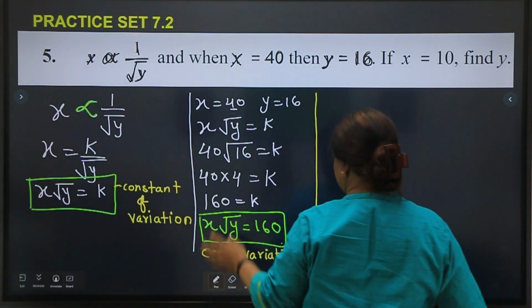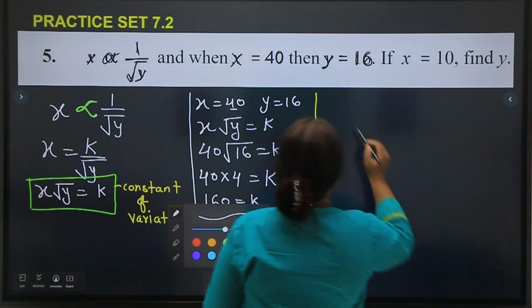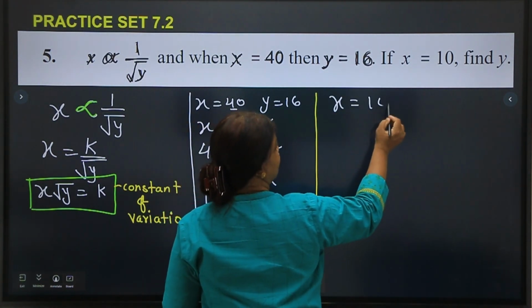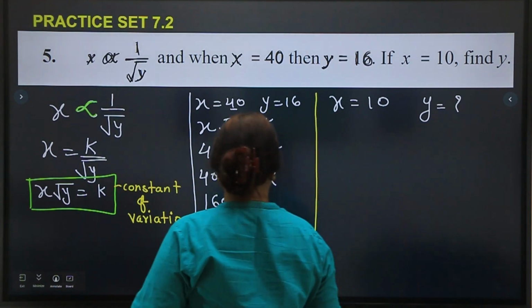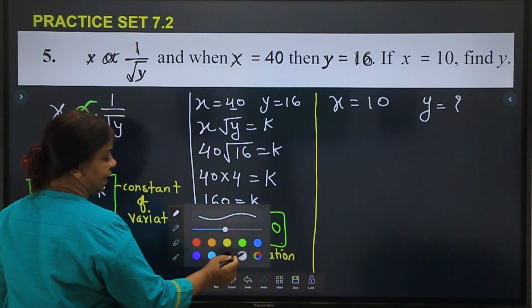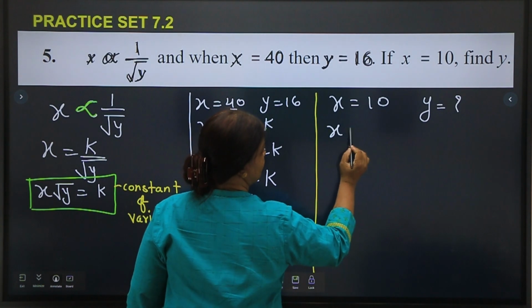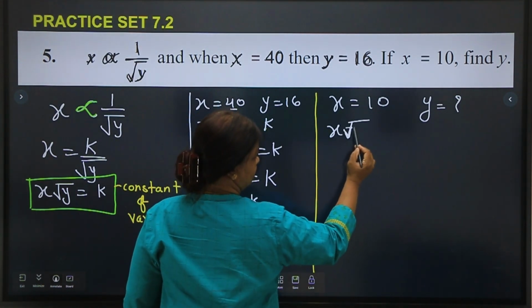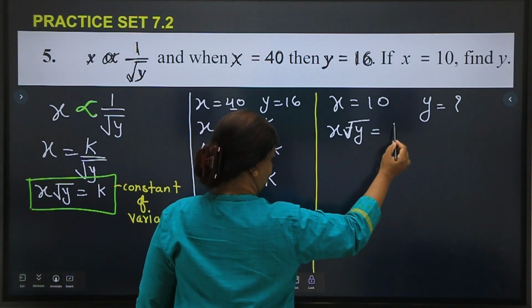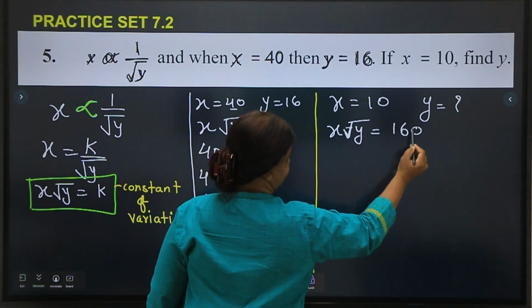x is given 10, we have to find y. We know the equation of variation, x root y is equal to 160.